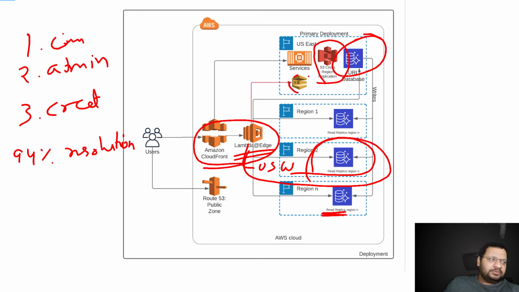Now this SQS would be in the primary region, but the endpoints can be shared. Those endpoints we would define in my Lambda. This particular Lambda will publish or push a message to my queue: there is a request for this particular link that needs to be opened, and these are the user parameters that need to be stored.